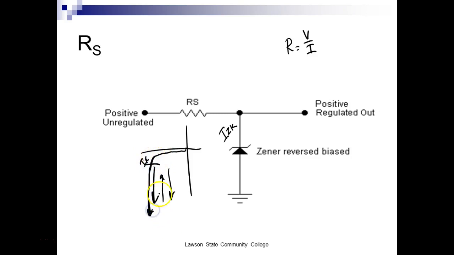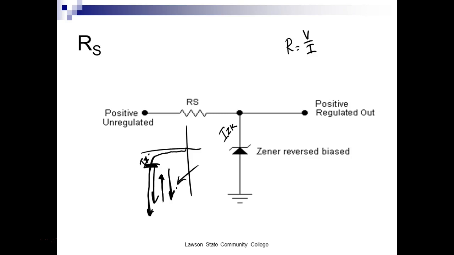We're trying to operate it above IZK. This is the load right here. If my load current goes up, Zener current goes down. We're moving toward IZK. If my load current goes down, Zener current goes up. We're moving the way we want, right? So what are we going to use?